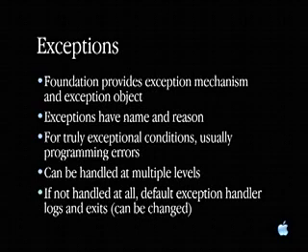And of course, they can be handled at multiple levels. For example, typically the AppKit will catch exceptions occurring in its main event loop if they are not caught at some lower level. If an exception really is not handled at any level, then there's a default exception handler that basically just exits the process, or you can install your own if you want some other behavior.